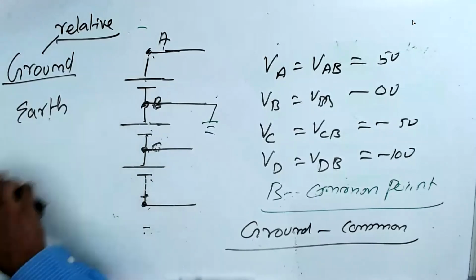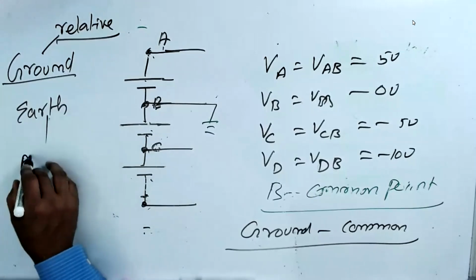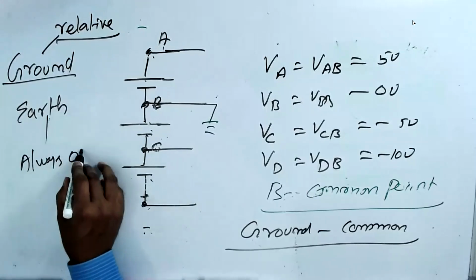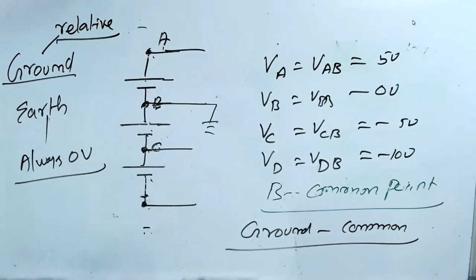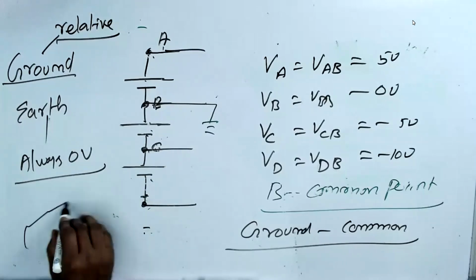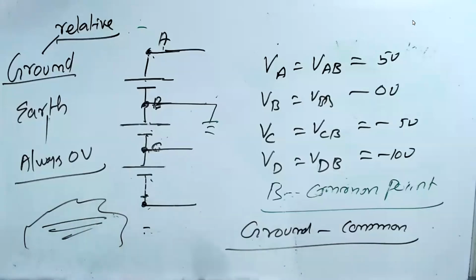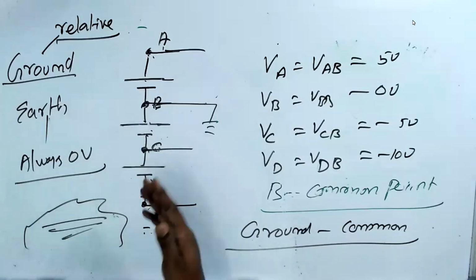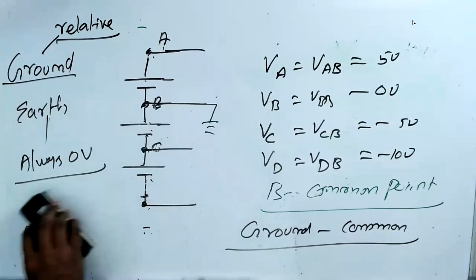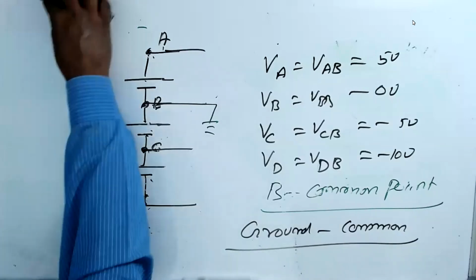Earth is always 0 volt. The moment you say earth, it is always 0 volt. That is your actual earth, where it has unlimited metals, unlimited amount of electrons. That's why earth is always 0 volt. But the ground can vary. You cannot say that ground is fixed. That's why we call ground a common point.